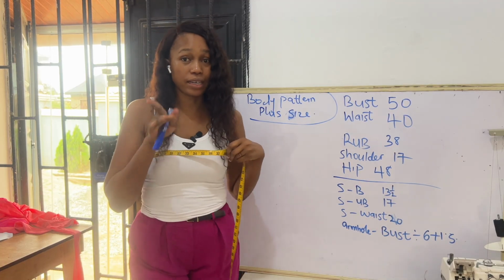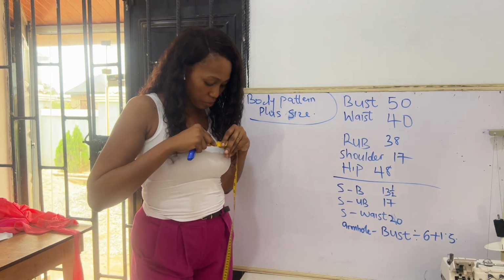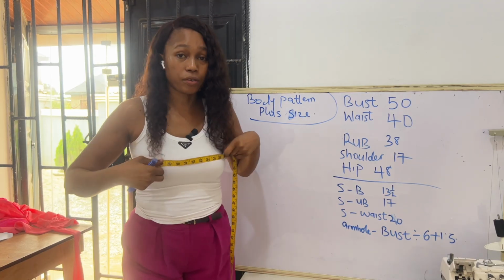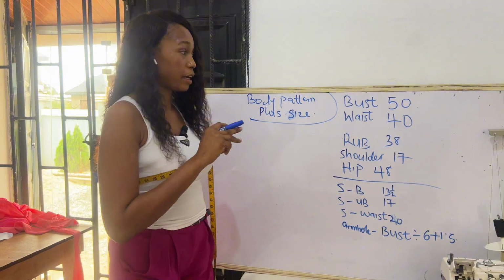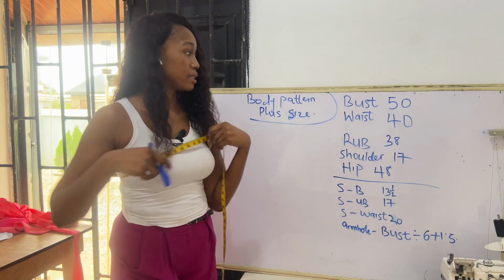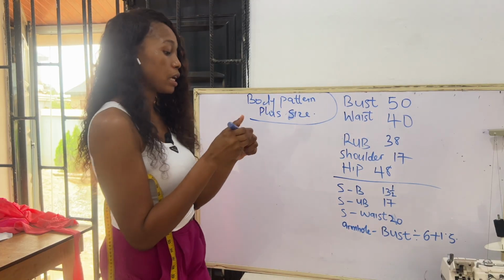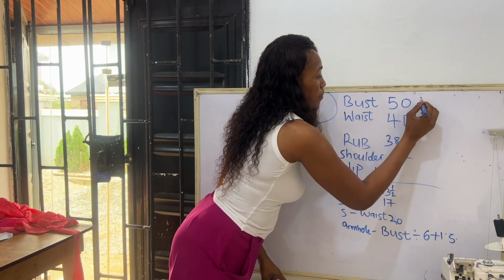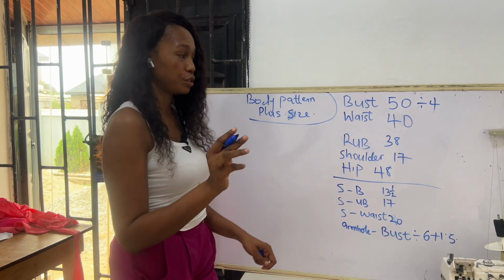I want to explain very well. That is why I'm making this video. Round the bust area is your circumference, which will be divided by 4. Any measurement you take round like this, like we are seeing this bust 50, should be divided by 4. Do you understand?